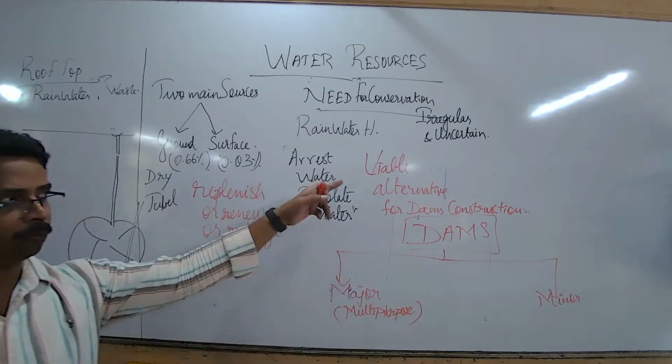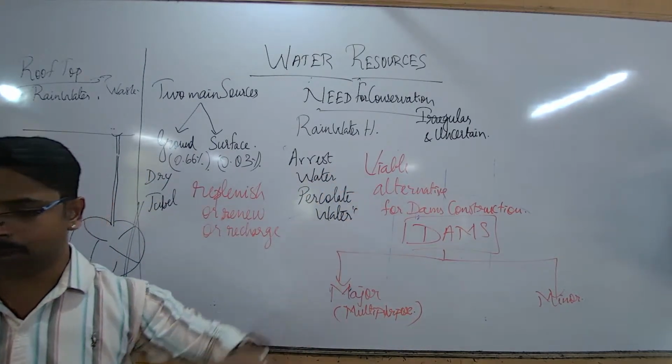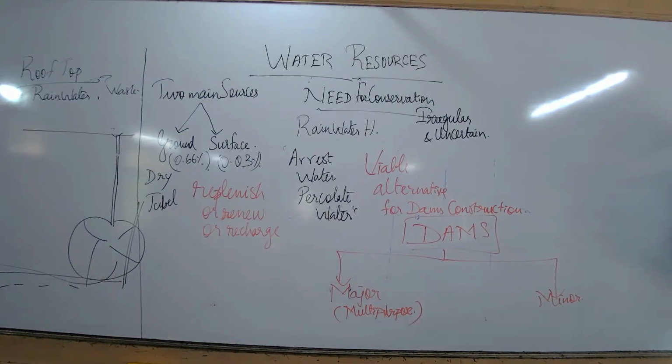Meantime, before I start explaining, you can turn your volume towards the last. You will have at least multi-purpose and major. You go down to page number 135. There are questions.